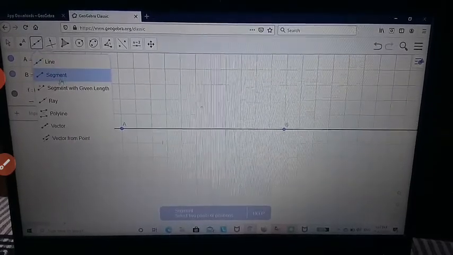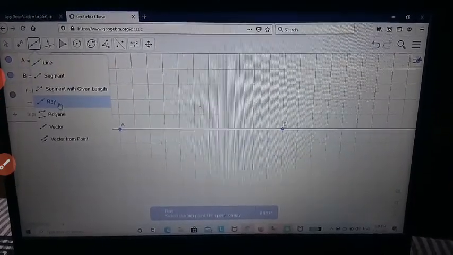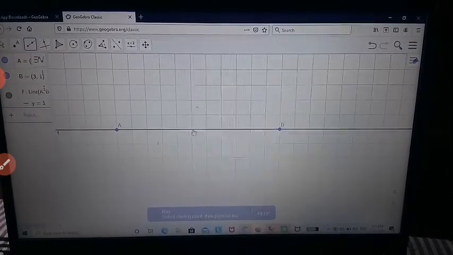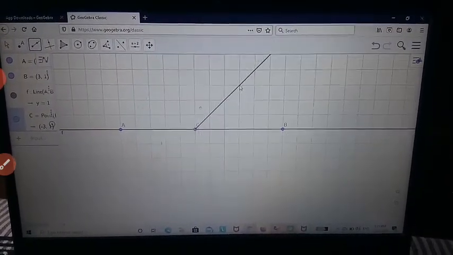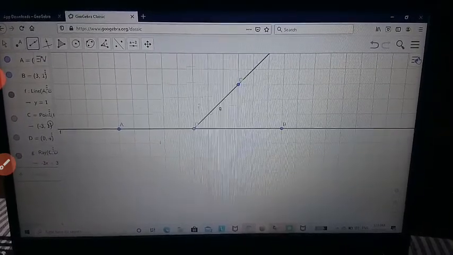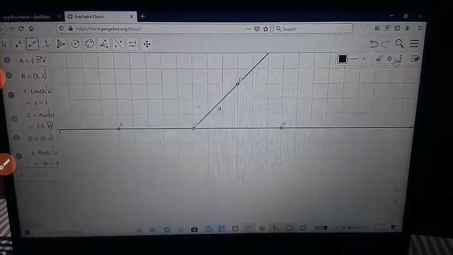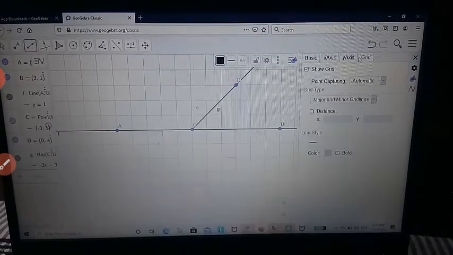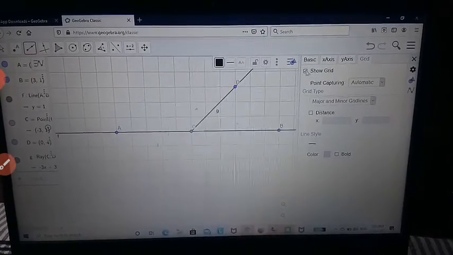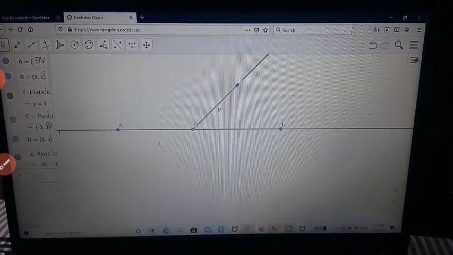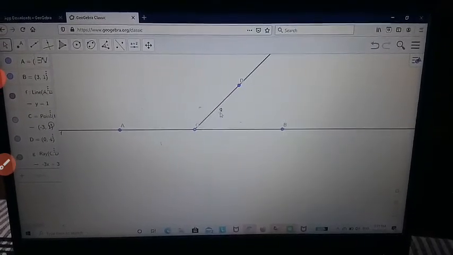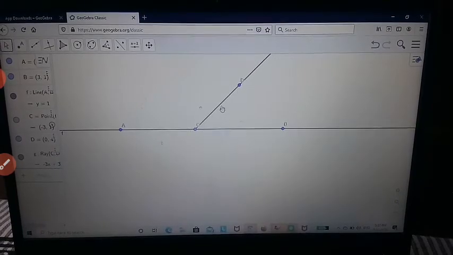Now draw a ray CD which lies on the line AB. We get a pair of adjacent angles whose common vertex is C and common arm is CD, and two non-common arms are CA and CB.